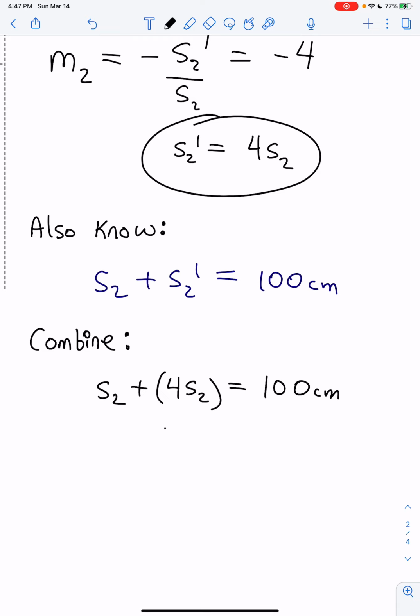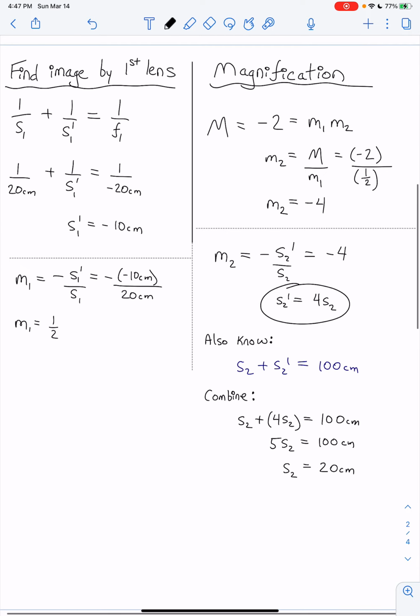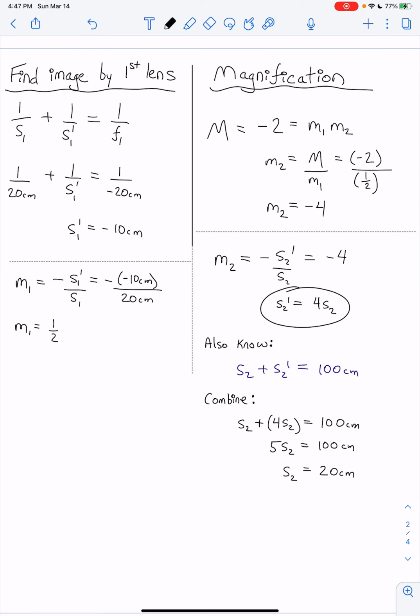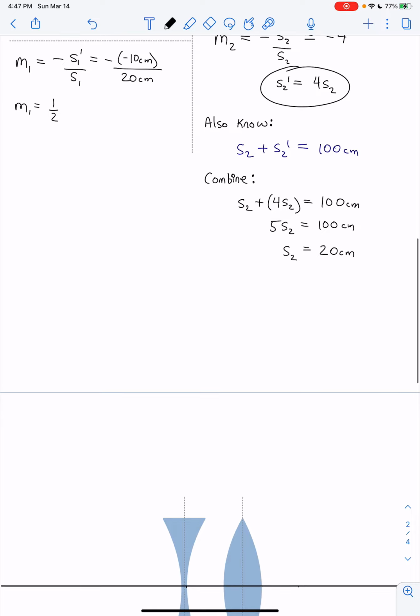And so that means that 5S2 is equal to 100 centimeters. And that means that S2 is 20 centimeters. All right, so S2 is 20 centimeters. And that means that S2 prime is going to be 80 centimeters.